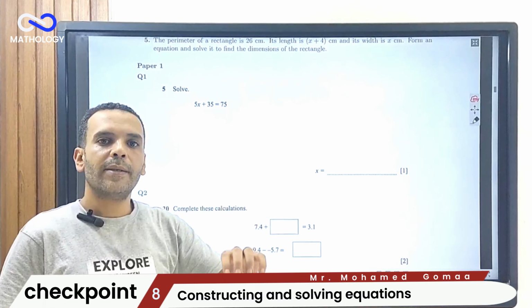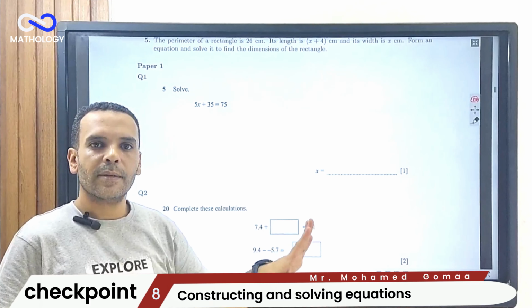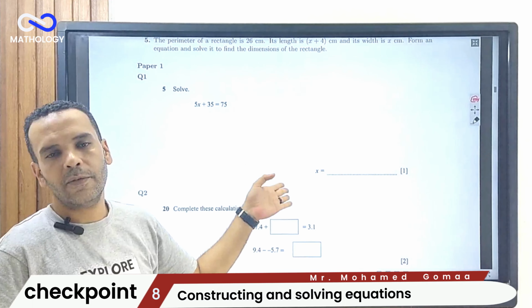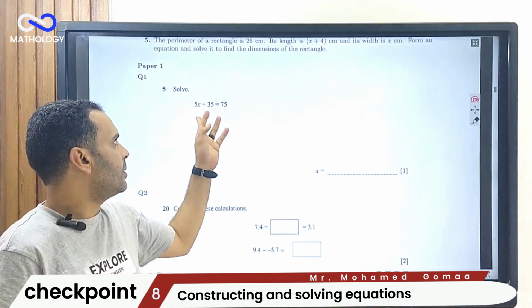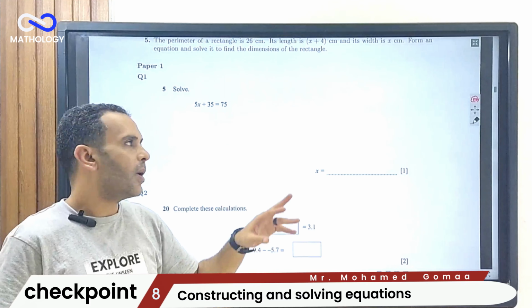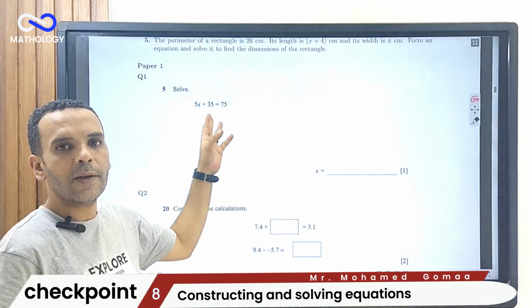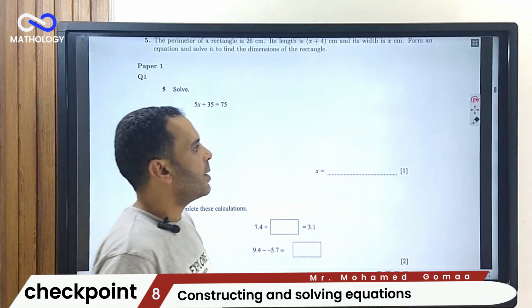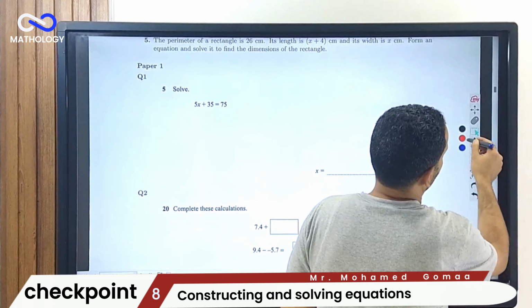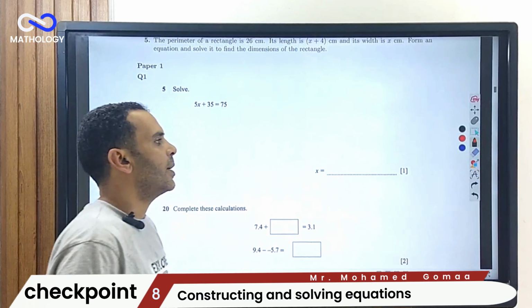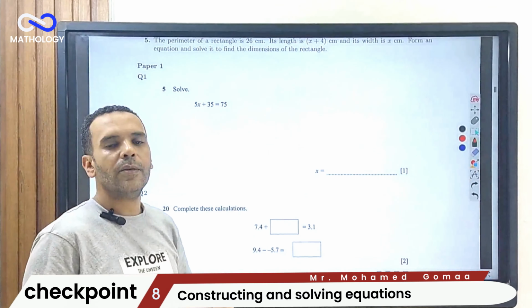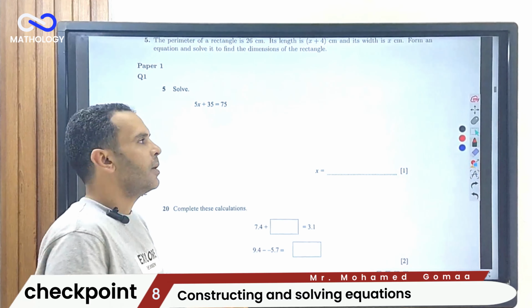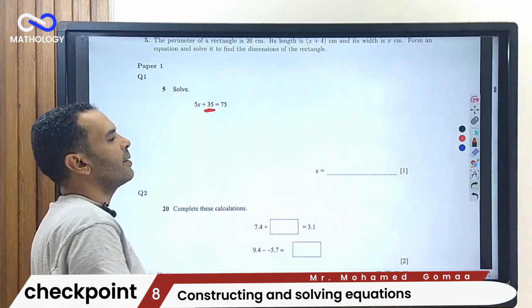To get x in one side, just x in the left side, for example, you have to cancel 35 and then cancel 5. To cancel any number with a positive sign or plus sign or with a negative sign, do the inverse operation. First, we cancel 35.